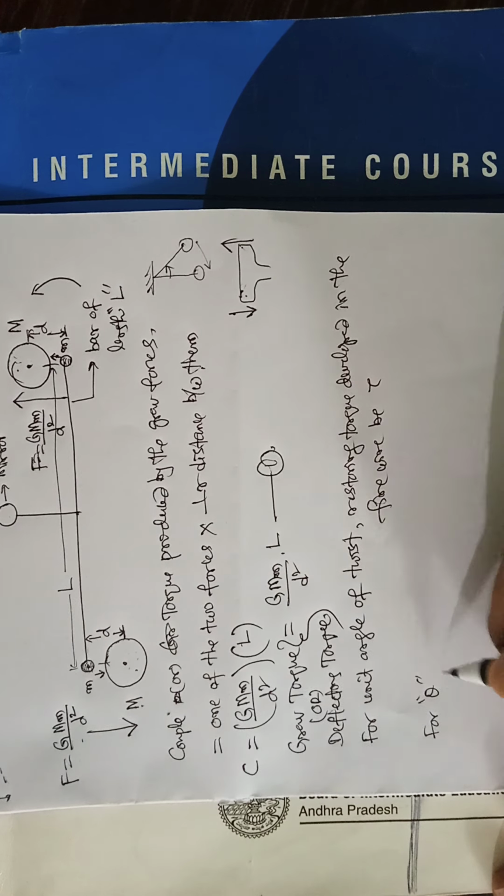Gravitational torque is given here. Restoring torque is tau theta. Capital G is equal to tau theta into d square by capital M small m into L.